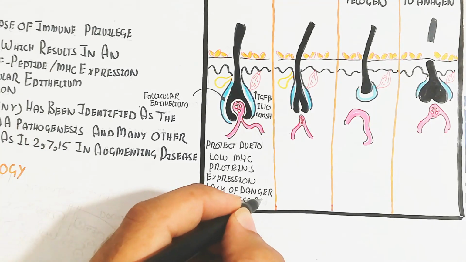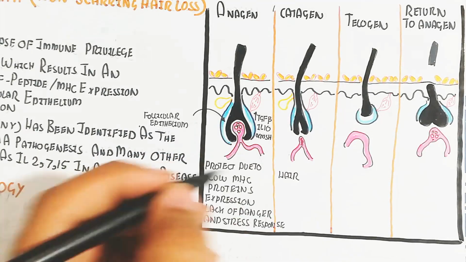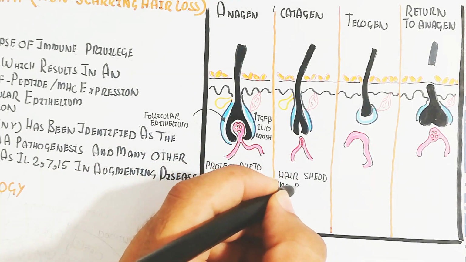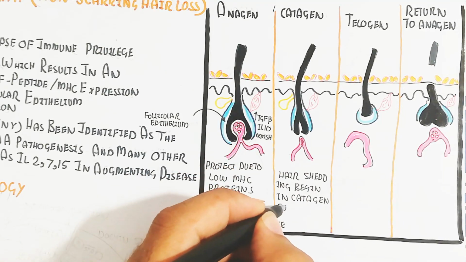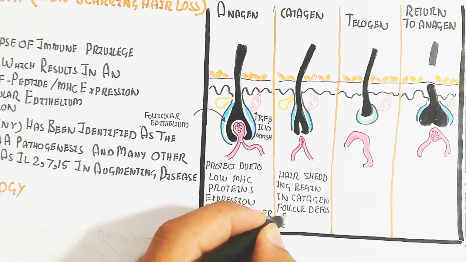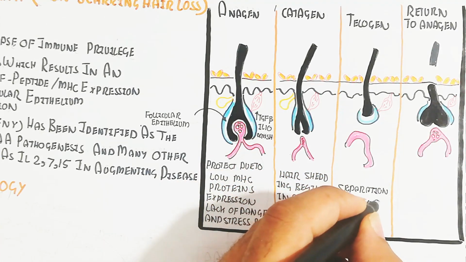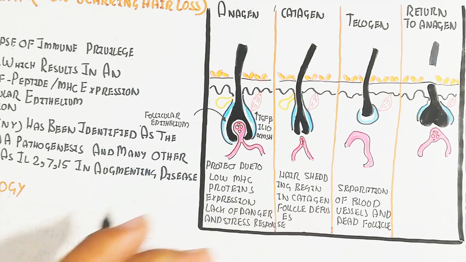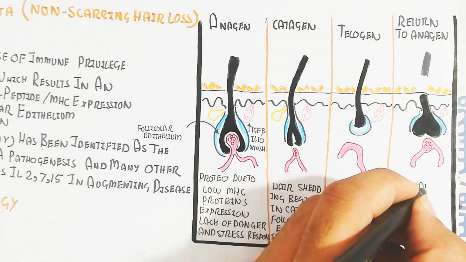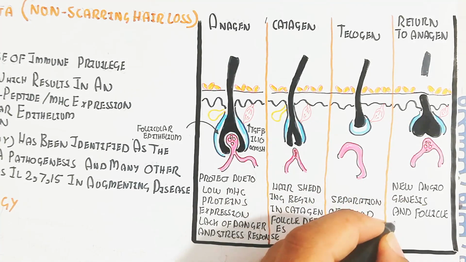In catagen, the hair shedding basically begins, and the follicle diffuses and becomes separated from the blood vessel and hair. This is basically the separation of the blood vessel and the dead follicle, and this separation is the telogen, and the hair will be lost in the telogen phase.